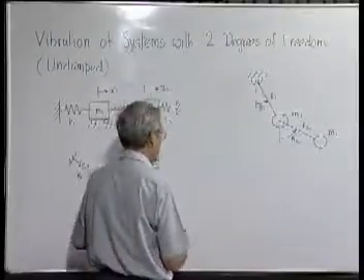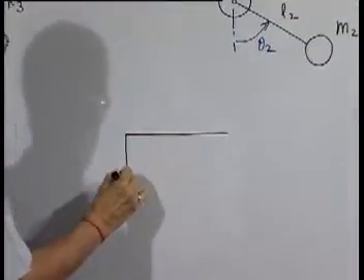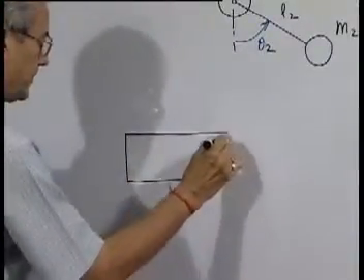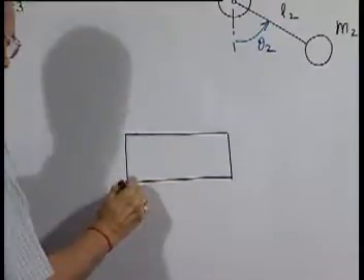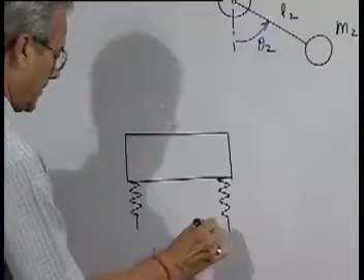So in that case, again the complete description of the location of this mass will require 2 coordinates x and y, and therefore again the system will have 2 degrees of freedom.